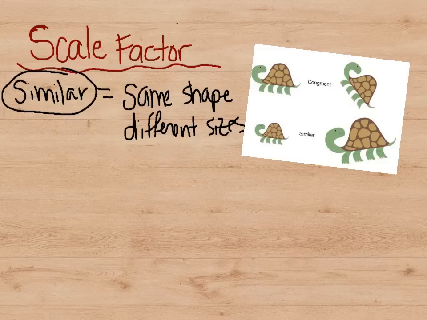Let's say we have congruent. Congruent, if you remember, meant exactly the same: the same exact shape, all the sides are equal, all the angles equal. In similar though, see how it's a turtle, however, one turtle is smaller than the other turtle.